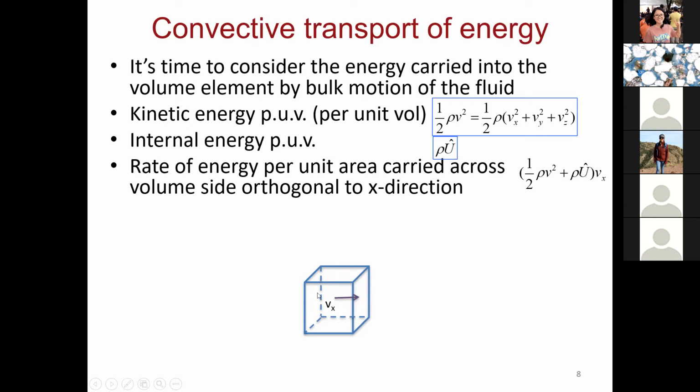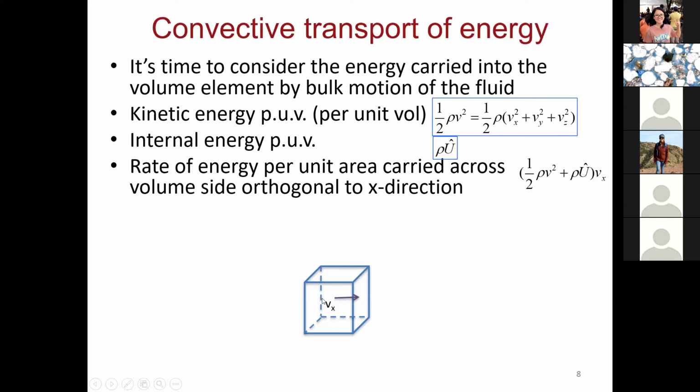It's crossing this side right here, right? So basically, this is what's carried in, orthogonal to the X direction, and I could go around all of the directions and evaluate it the same, and I have to also do the same for all of the sides.